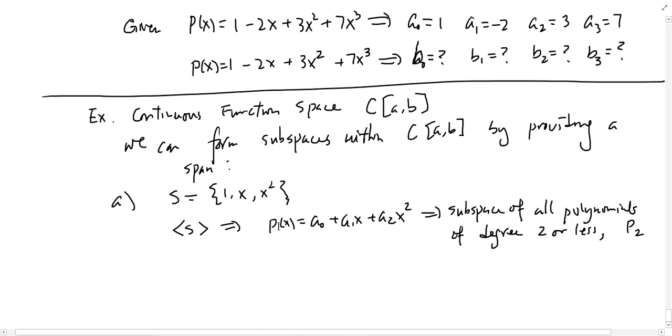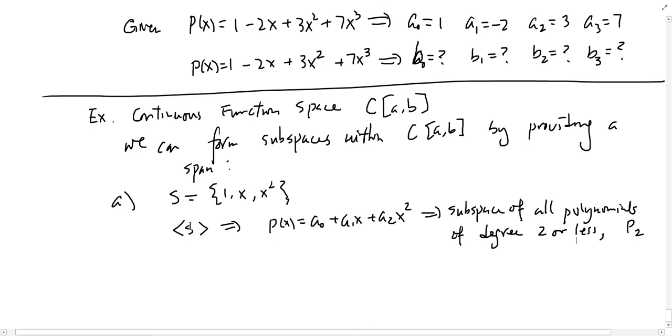That would form a three-dimensional space almost identical to R3. But is that a surprise to you? It shouldn't be, because we've established that P sub n is the same as R to the n plus 1.